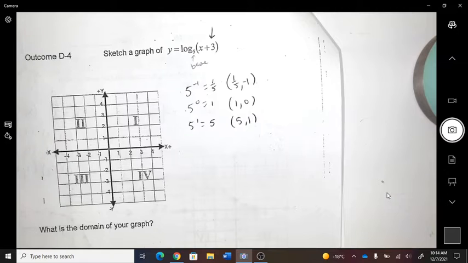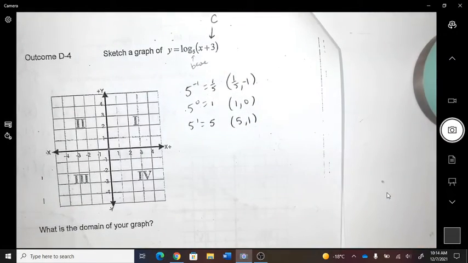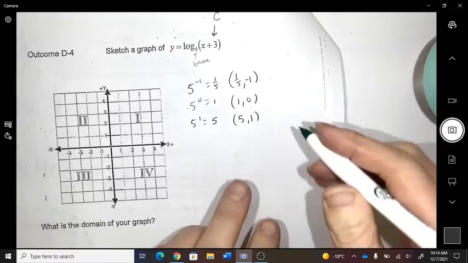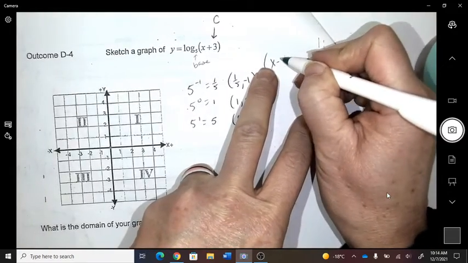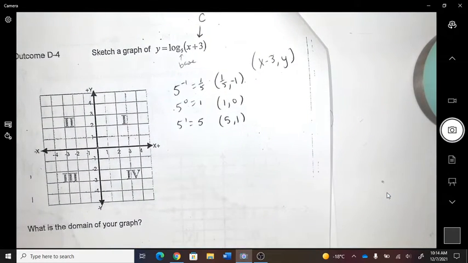What's going on with that? An A, B, or a C, D, which one? A C. So I'm going to be moving left 3. That's what I'm doing to my coordinate.